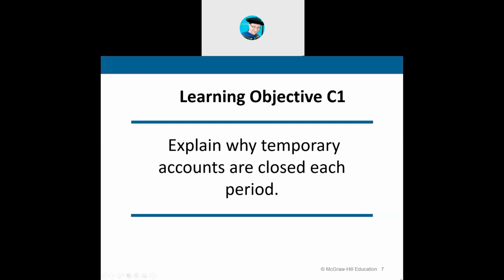Is that the case whether or not you're doing monthly, semi-annual, quarterly, or annual reporting? It's for every accounting period. So if I'm going from August to September, September 1 tomorrow, I'm going to have zero revenue. I'm going to have zero expenses because I didn't earn anything yet in the month of September.